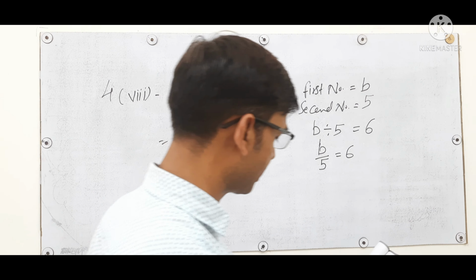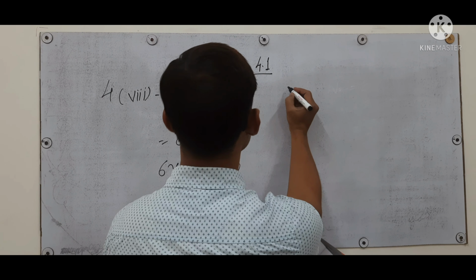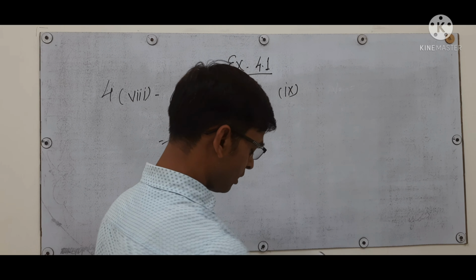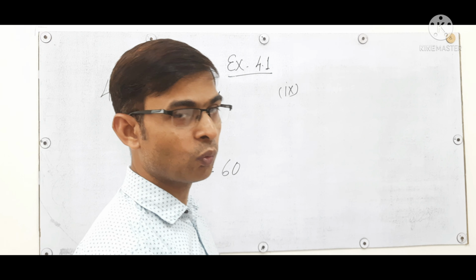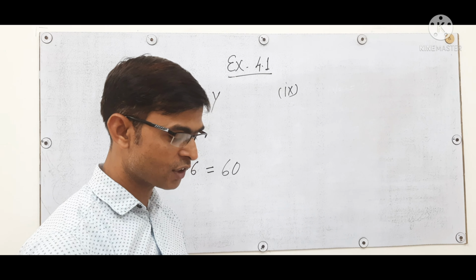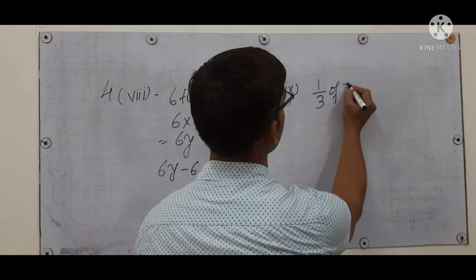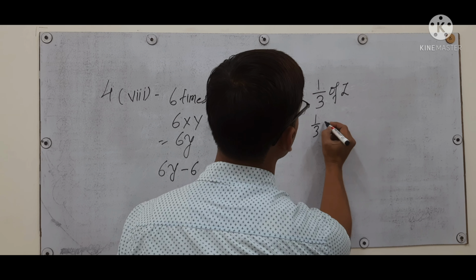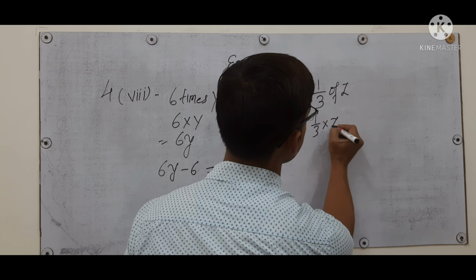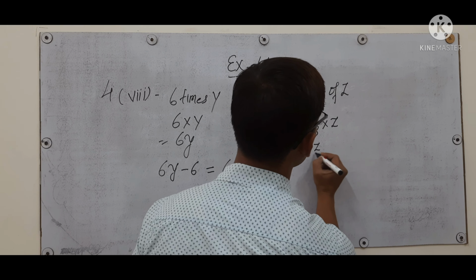Okay, now I am going to solve part 9 also, because it is a somewhat typical statement. Here it is given, if you add 3 to 1/3 of z. So first of all we write what 1/3 of z is. 1/3 of z means 1/3 cross z, that is, 'of' means multiplication, or we can write it as z upon 3.